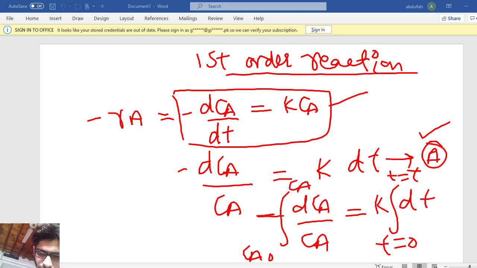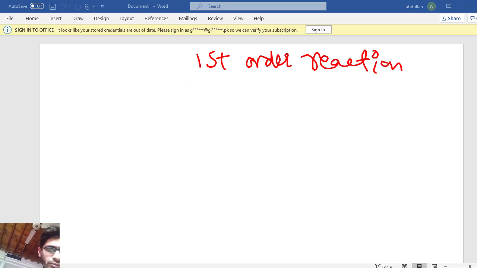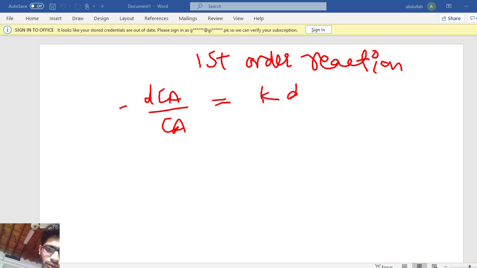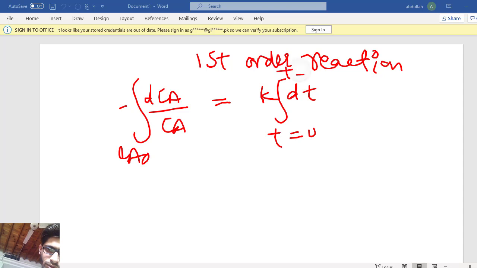So we write again minus dCA divided by CA is equal to k dt, and we integrate it.